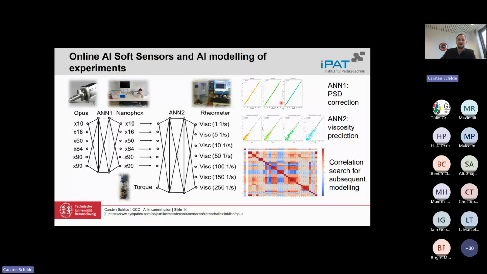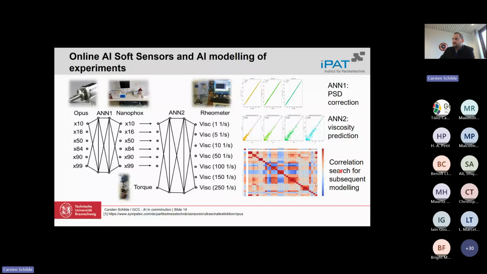On top in this slide, we see the measured and the predicted values of the particle size distribution, which have a very high accuracy. At the bottom, with a little bit less accuracy, we see the prediction of the viscosities at different shear rates. That means the shear function of our suspension.